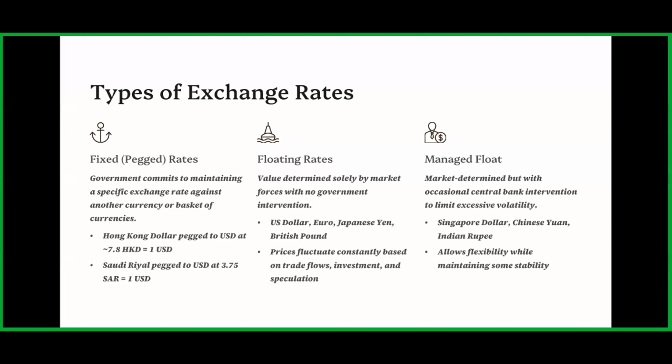Now the next one is the managed float. This is the combination of the fixed exchange rate and the floating exchange rate. It means the market determines the rate, but with occasional central bank intervention to limit excessive volatility.